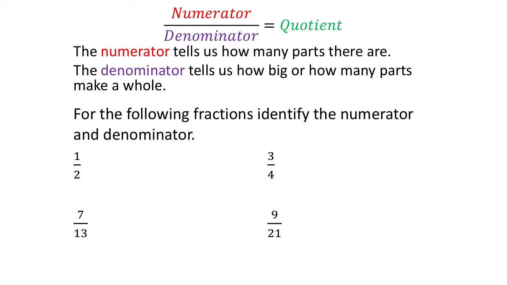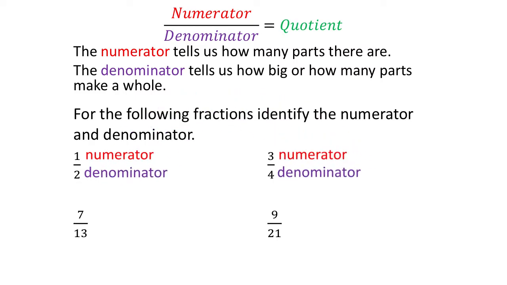I see the 1 on the top, that is the numerator, or how many parts there are. The denominator is the bottom number in that fraction, which in this case is 2. Boom, numerator and denominator. That's all we need to do on this one, is label the numerator and denominator so that we can get a little more familiarity with this vocabulary, okay?